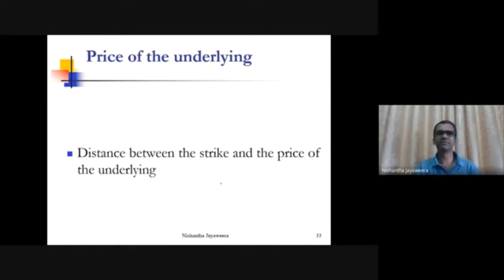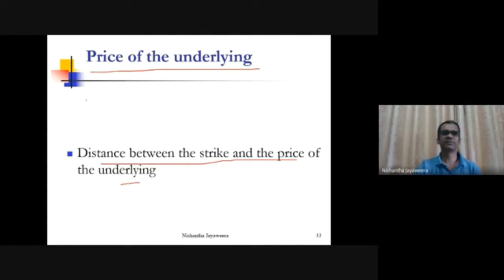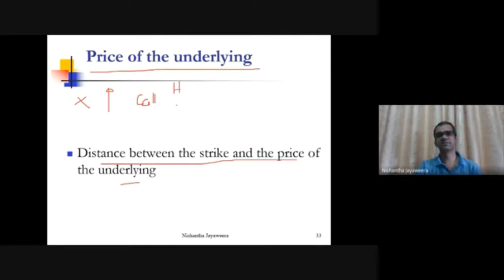variable we want to discuss is the price of the underlying. As I mentioned, what matters is the distance between the strike and the price of the underlying. You may remember we discussed the strike. If strike is high, what would be the premium for a call option? Is it high or low?